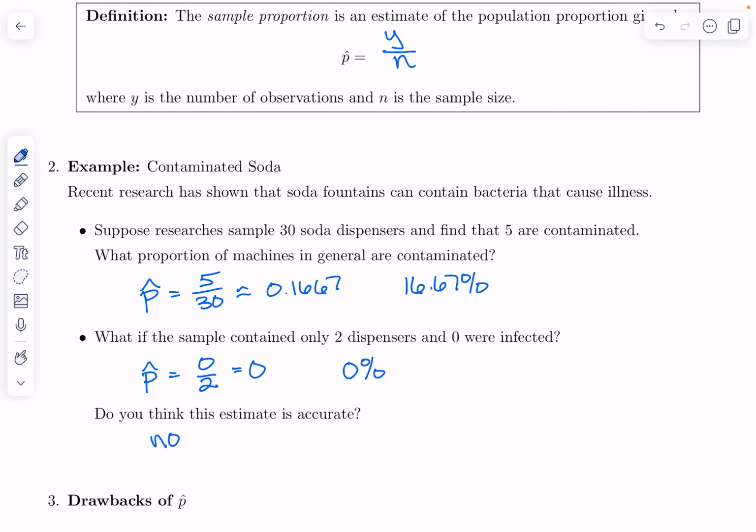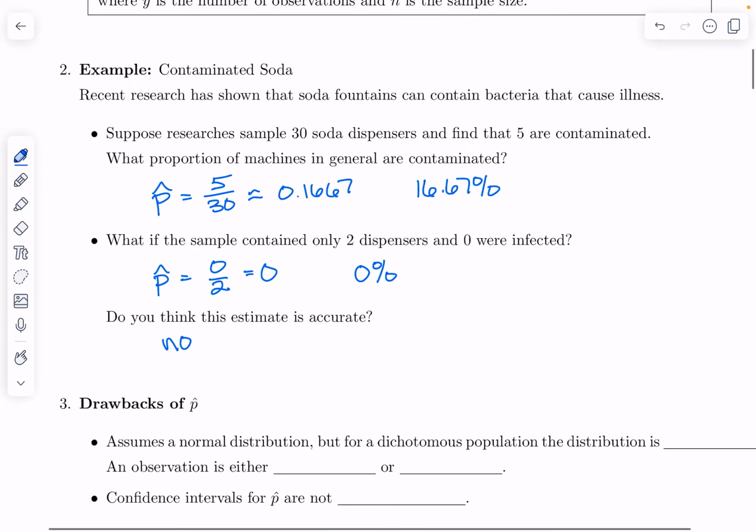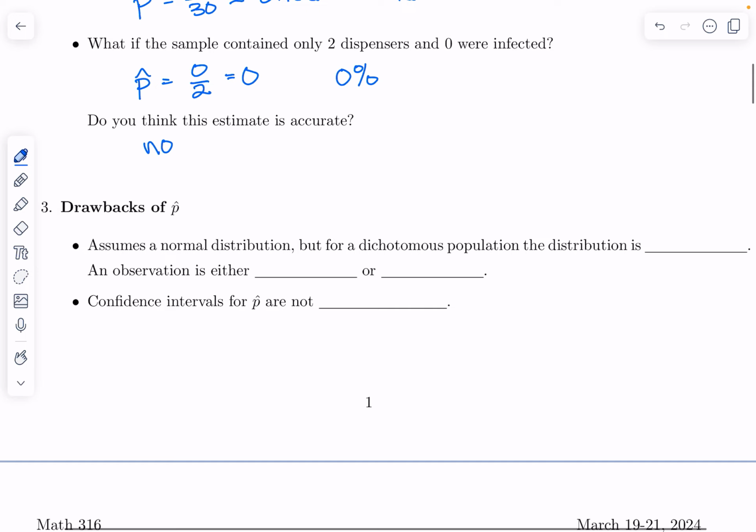So let's talk about some of the drawbacks of using p hat to estimate population proportion. P hat assumes that there's actually a normal distribution, but for a dichotomous population, the distribution is in fact binomial. Here, each individual either has a trait or does not have the trait, and we're going to count up all the individuals that do have that trait. And that corresponds to our definition of the binomial distribution.